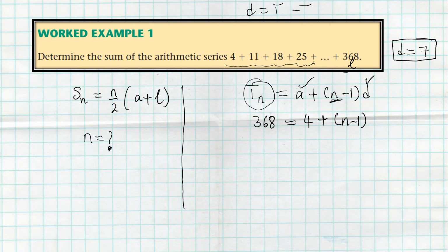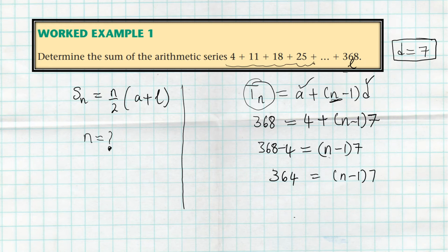We replace our common difference of 7 and calculate the number of terms being added. To solve for n, I'm going to take 4 to the other side. It's 368 minus 4 equals n minus 1 multiplied by 7. I'm left with 364 equals n minus 1 times 7.